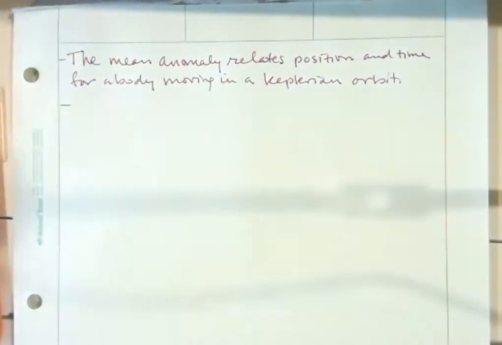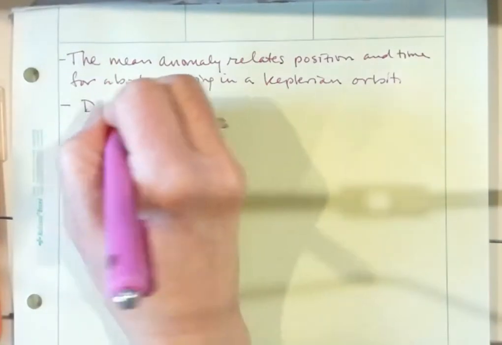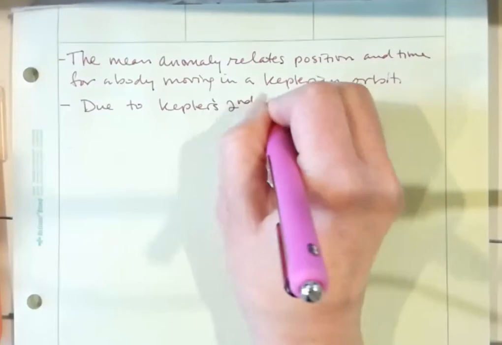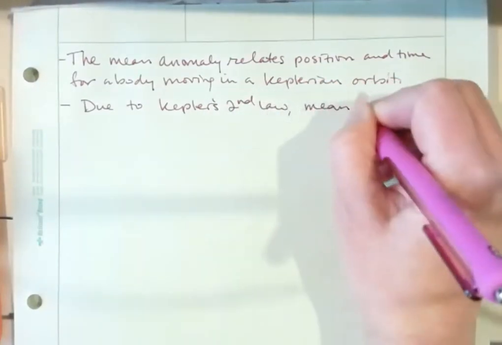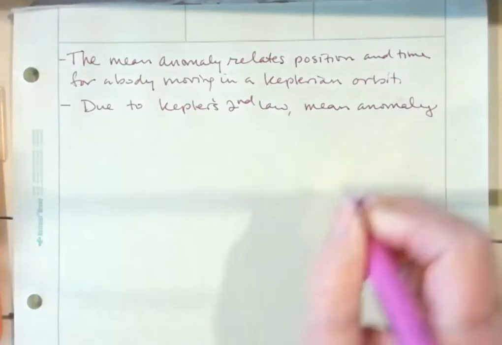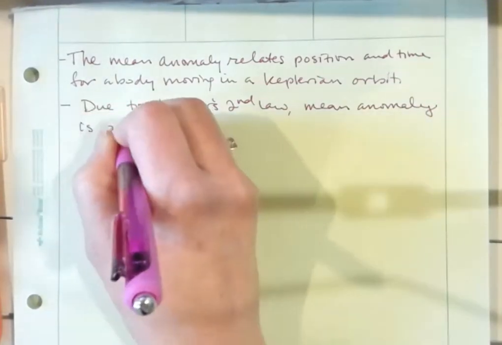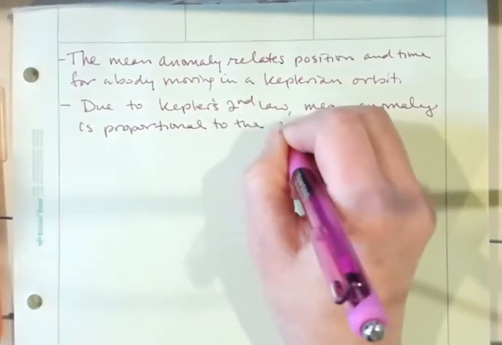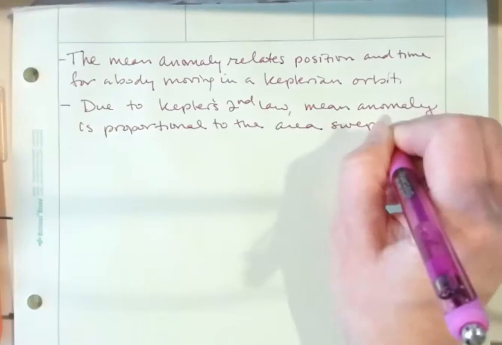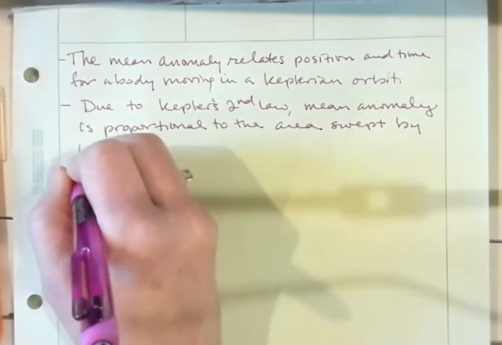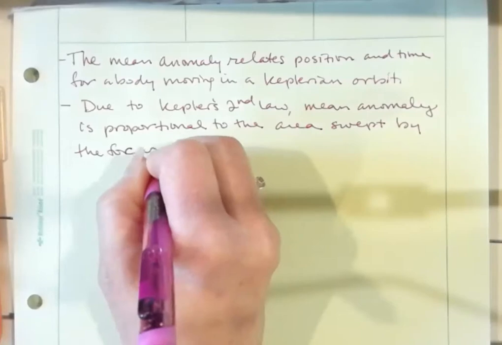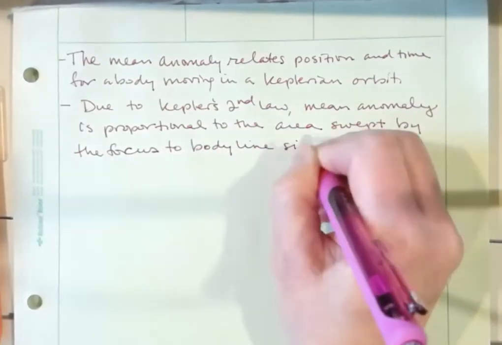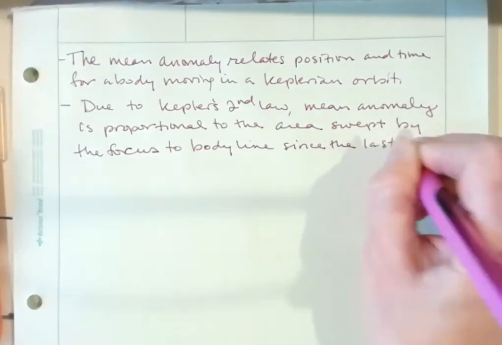All right, so we got that. And due to Kepler's second law, the mean anomaly is going to be proportional to the area swept by the focus to the body line since the last periapsis.